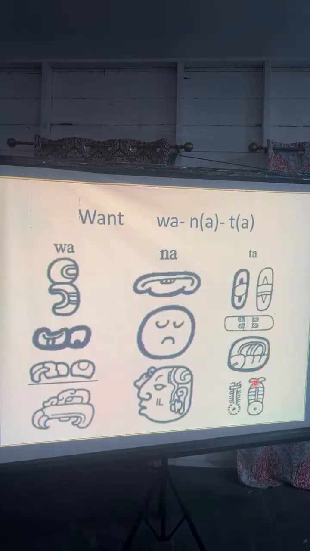All right, so we go. I want to be a teacher. Remember, the L produces the R sound, right? So that's going to be with a little symbol inside.